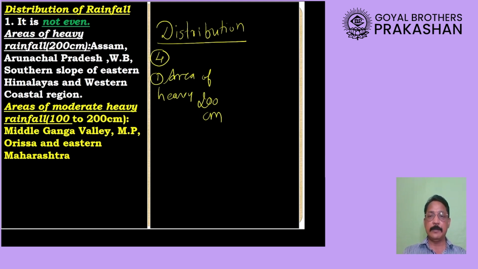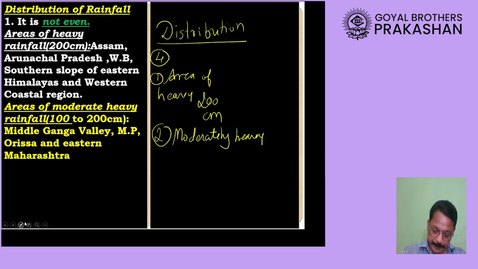Such heavy rainfall is received in the states of Assam, Arunachal Pradesh, West Bengal, and also on the windward side of the Western Ghats. Then we have a second area where the rainfall is between 100 to 200 centimeter, which we call the moderately heavy rainfall area, which includes the Middle Ganga Valley, Madhya Pradesh, some parts of Orissa, and eastern Maharashtra.